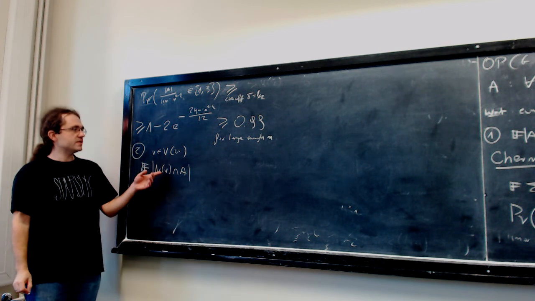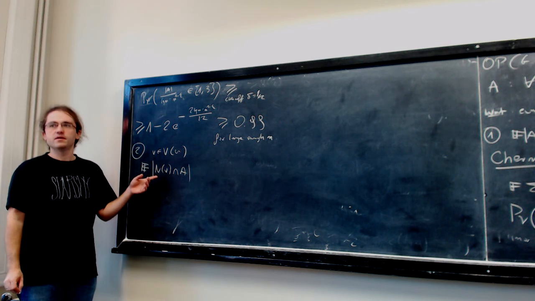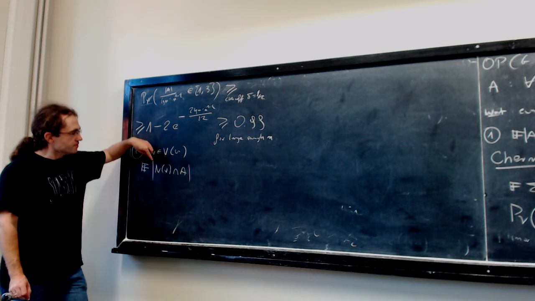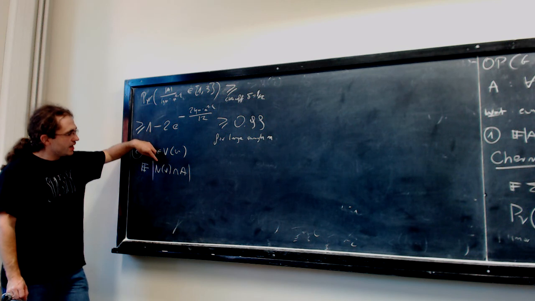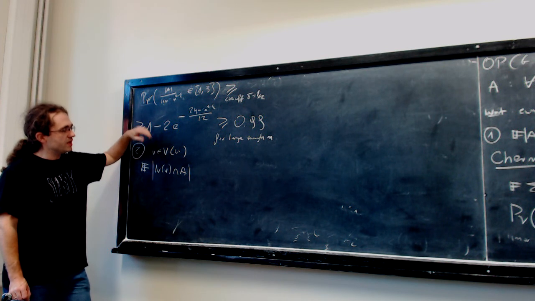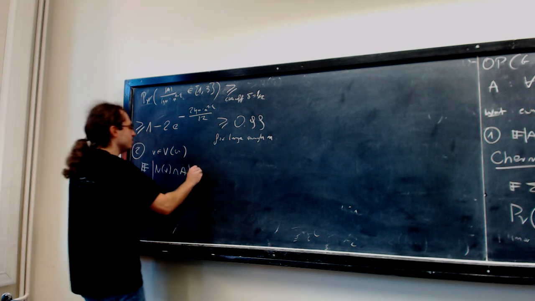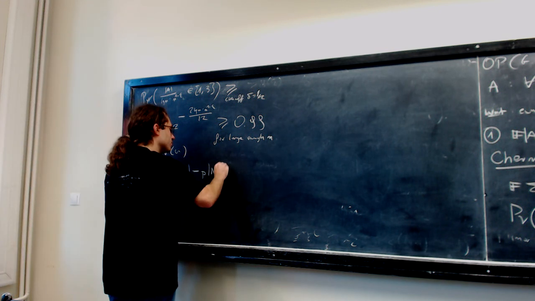There are some neighbors, and every neighbor is independently selected with probability p. So this is p times the size of the neighborhood.